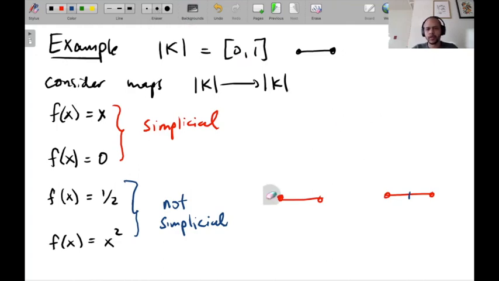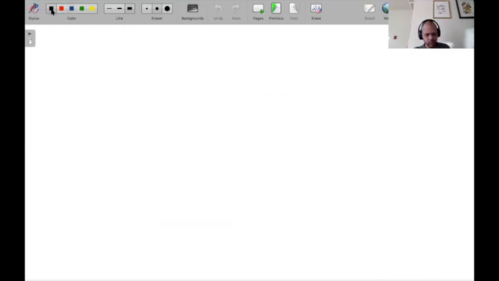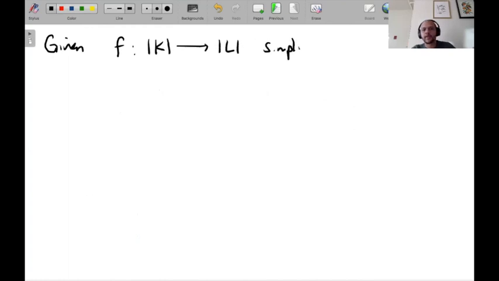Okay, so the reason why we are interested in simplicial maps is, well, if you're given f, a simplicial map, simplicial maps are completely combinatorial.